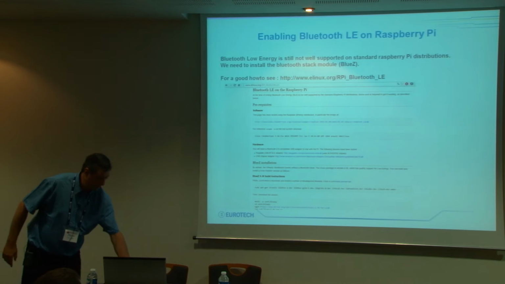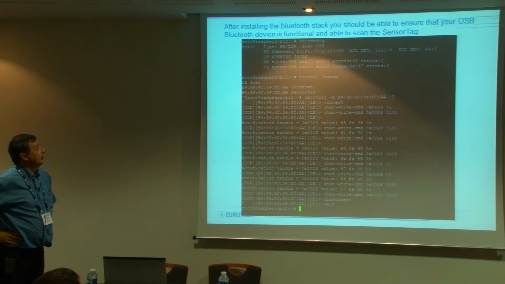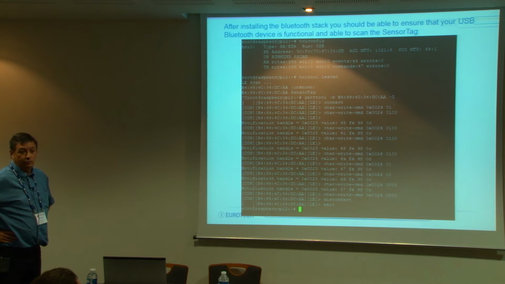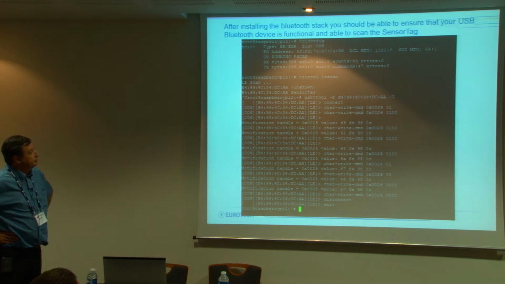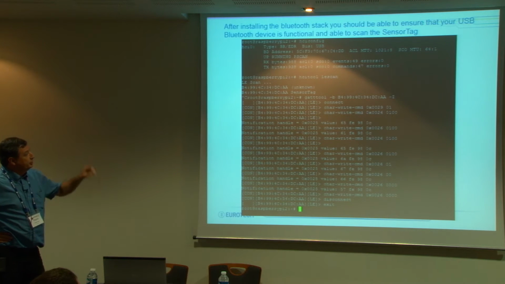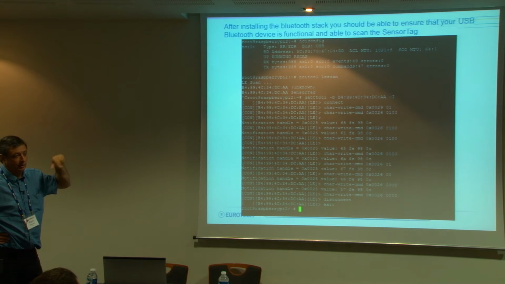And it's running after that. And after that, you can check that your device is connected to the sensor tag. For that, you will use the BlueZ tools that are included. hciconfig is the command that gives you the status of the Bluetooth connection. And you will do an LE scan, which is a new command for Bluetooth low energy devices that will detect all the Bluetooth low energy devices that are around.